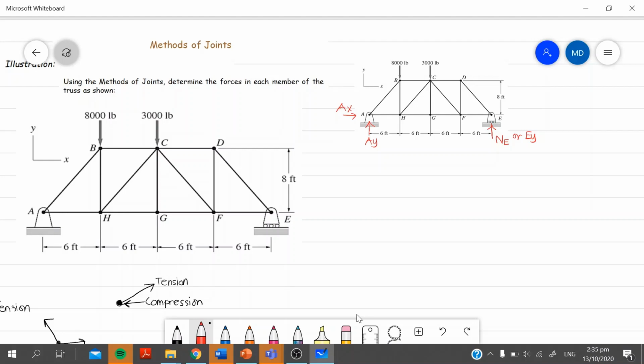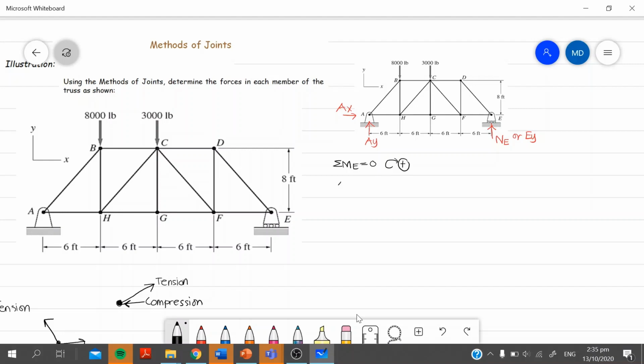Okay, so how do we solve for the reactions? We apply the equilibrium equations. Which one? Okay, para mas madali, sum up moment either from A or E. So say, sabihin natin sa E, equal to 0. This time, assume clockwise positive.